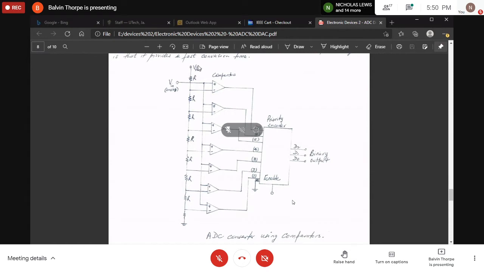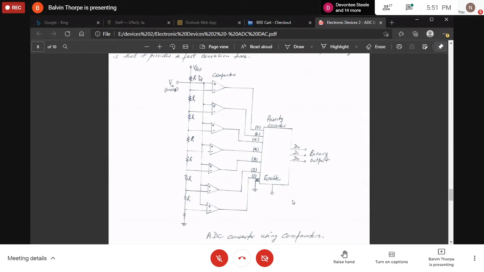But what we do is use what are called weighted resistors. We use resistors to give us a different voltage for each comparator input. So here we're applying VREF, but the reference voltage going to each comparator is going to be the voltage divided between these resistors.